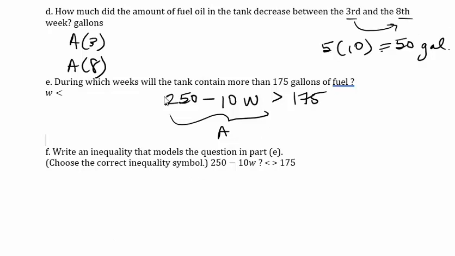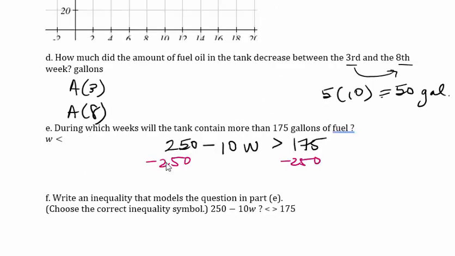So we can solve this inequality by hand. First subtract 250 from each side, and we get negative 10W is greater than negative 75.